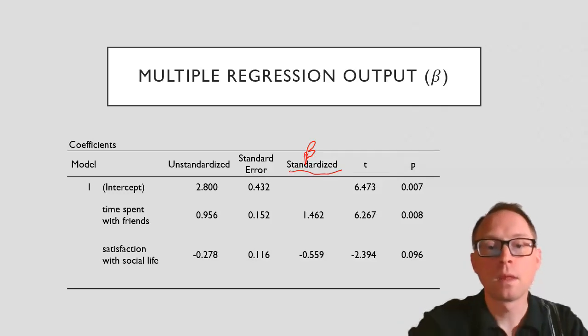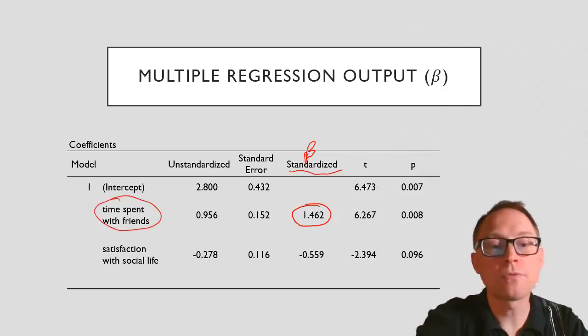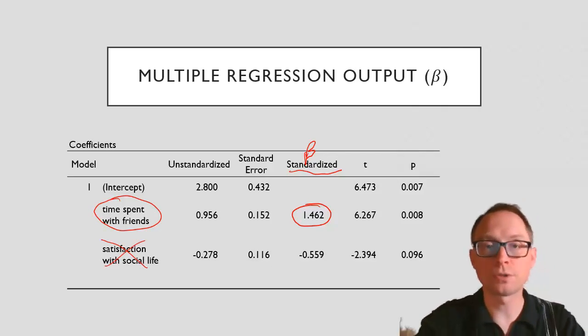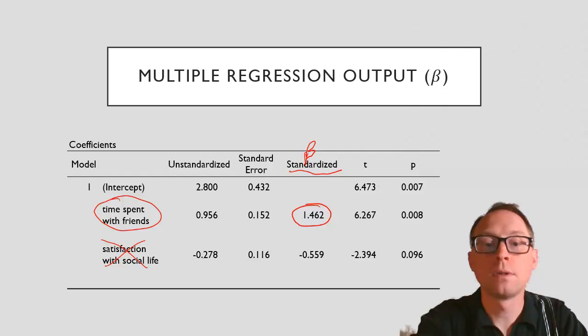This number right here is the coefficient telling us the influence of time spent with friends without any overlap of satisfaction with social life. Because if you think about it, the more time you spend with friends, you would assume that would increase the satisfaction with your social life, right? So what this beta, 1.462, is saying is, hey, time spent with friends by itself, this is the influence that time spent with friends has on happiness.